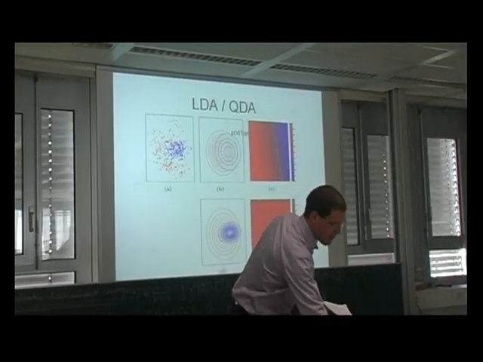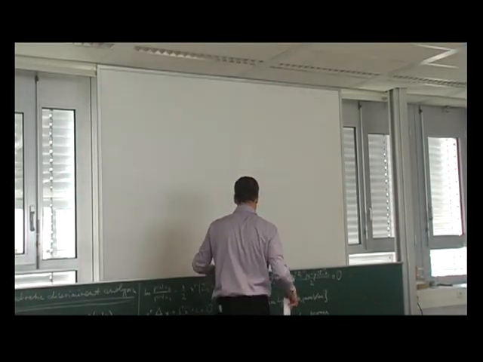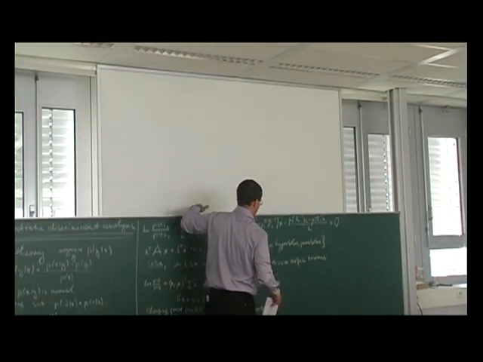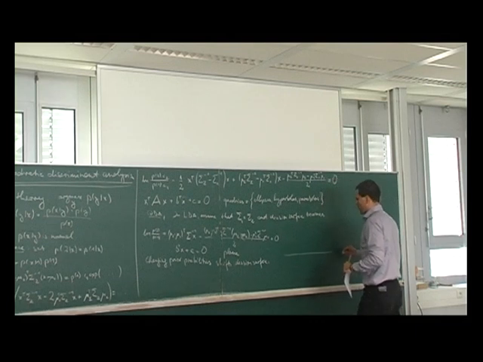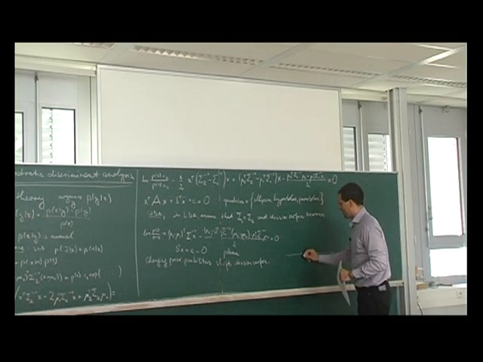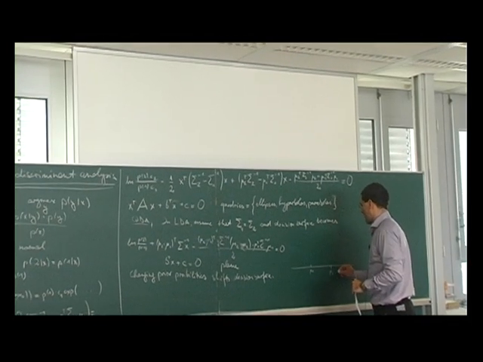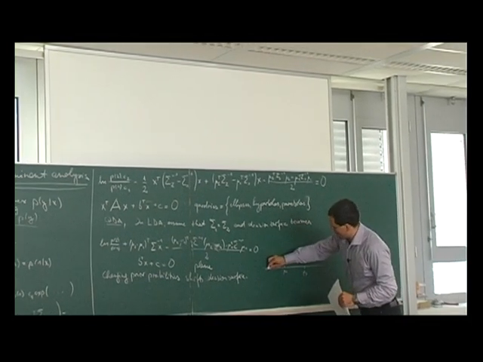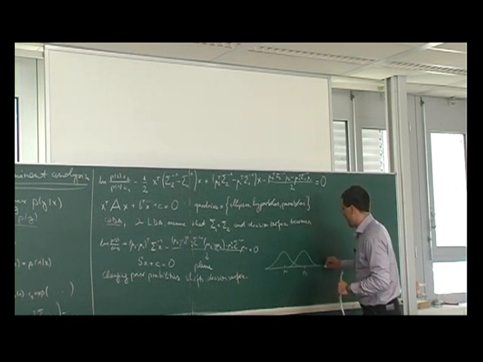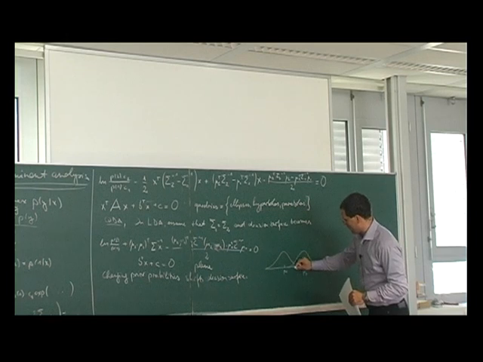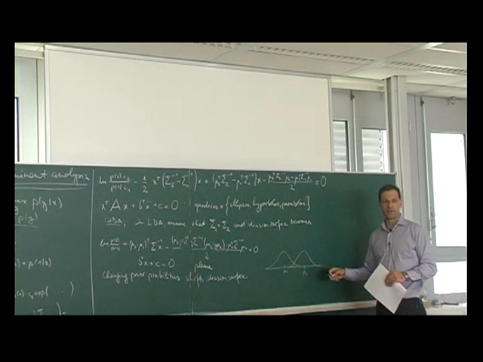I will just show a sketch in 1 dimension. Let's say we think that class 1 is centered here and class 2 is centered there. If I now just put a Gaussian on each of these, my decision surface will be nicely in the middle between these two.